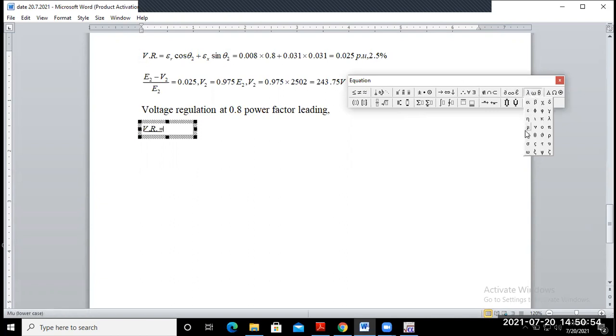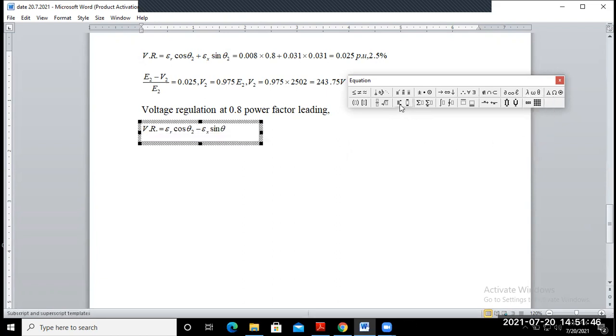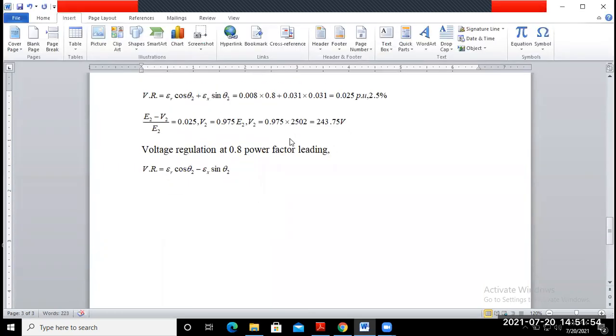Epsilon r cos theta 2 minus epsilon x sin theta 2. Now just put here the values.